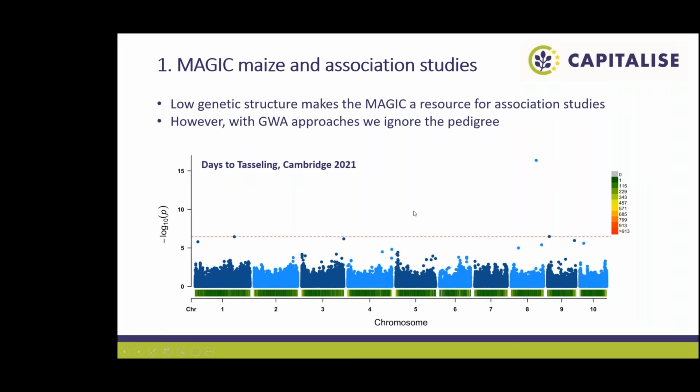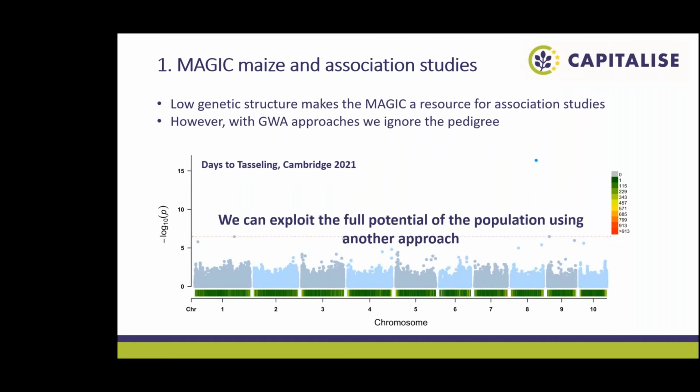These are just sample data from the campaign in Cambridge in 2021, and we see this signal on chromosome 8, which we also got from a previous experiment as a benchmark, to say that everything is going extremely well. However, with genome-wide association approaches, we are still ignoring the pedigree.